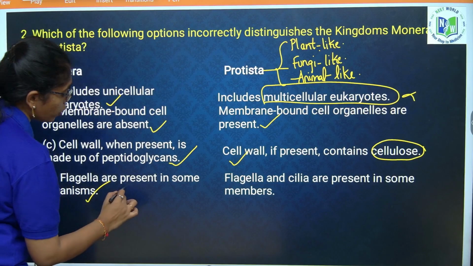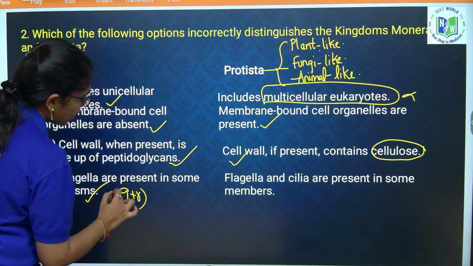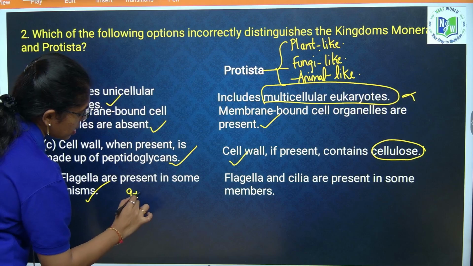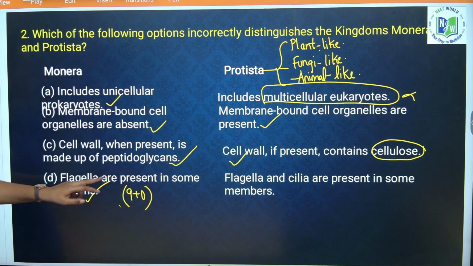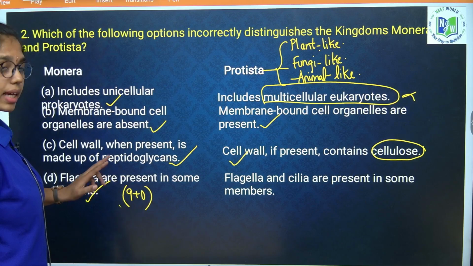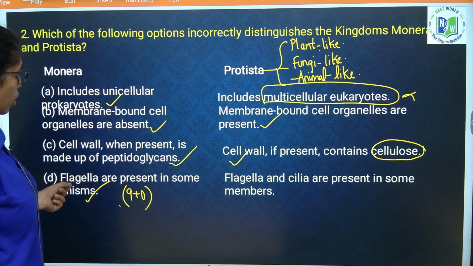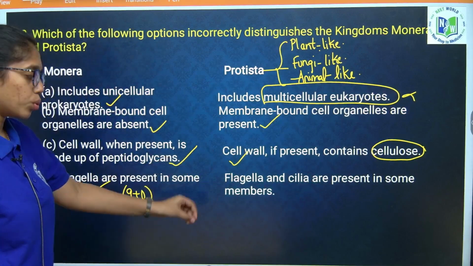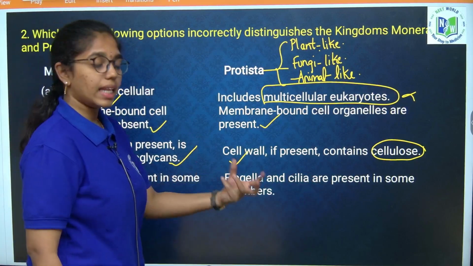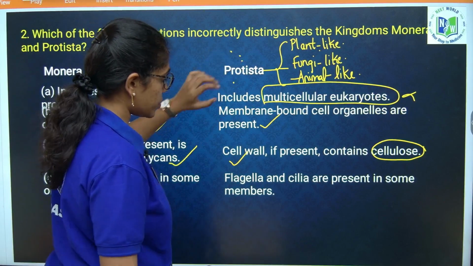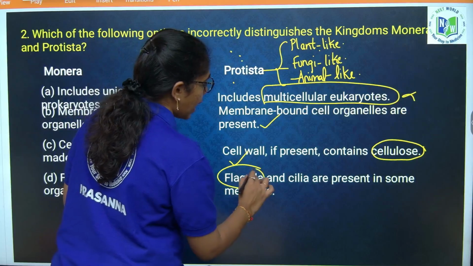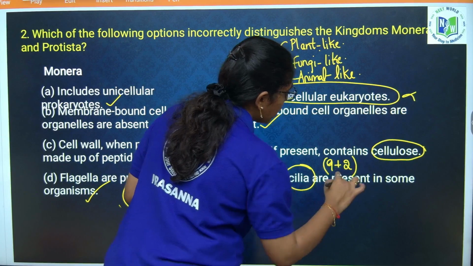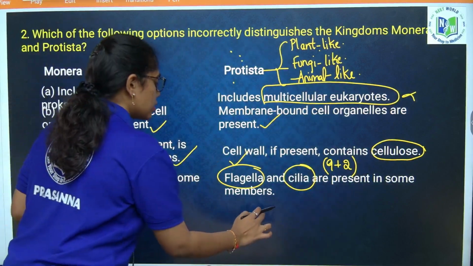What will be the microtubular organization? Here it is 9 plus 0, which is seen in a prokaryotic cell or in the monerans, for flagella. Flagella and cilia are present in some members, true. Flagellated protozoans and ciliated protozoans come under Protista. Here for flagella and cilia, the microtubular arrangement will be 9 plus 2. So this is also true.